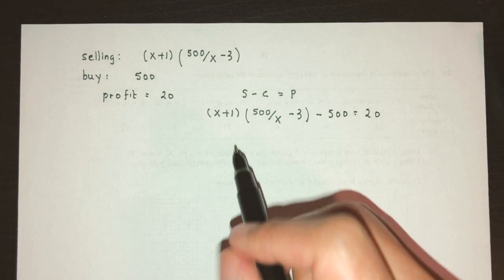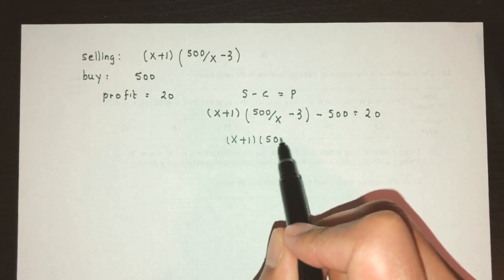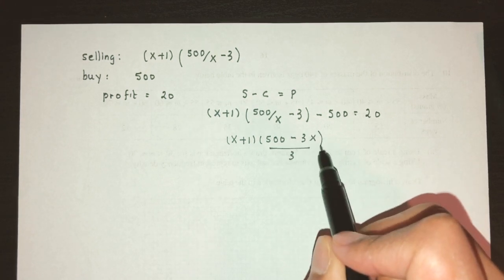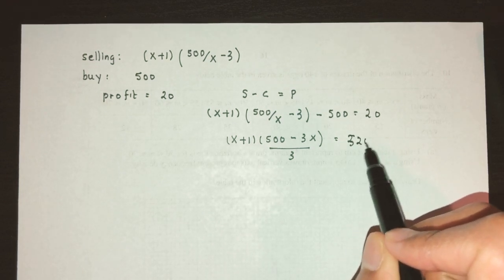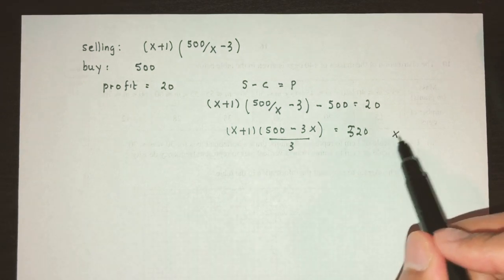So simplify, you will have x plus 1 times 500 minus 3x over x equal to 520. Right, 20 plus this will be 520. Now if you want to eliminate the denominator, we have to multiply by x everywhere.